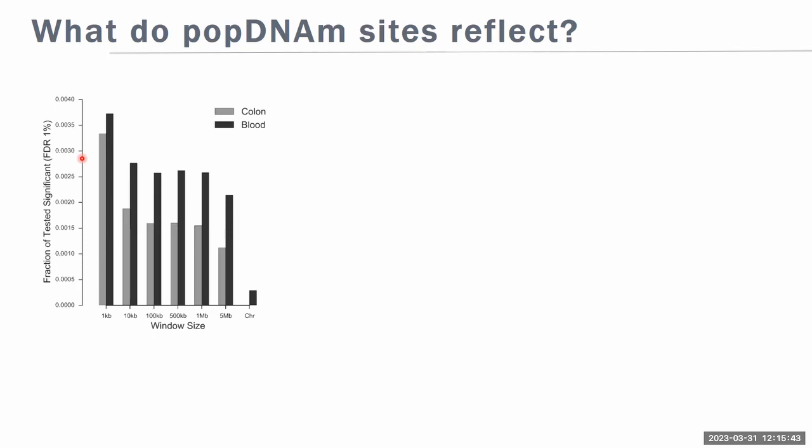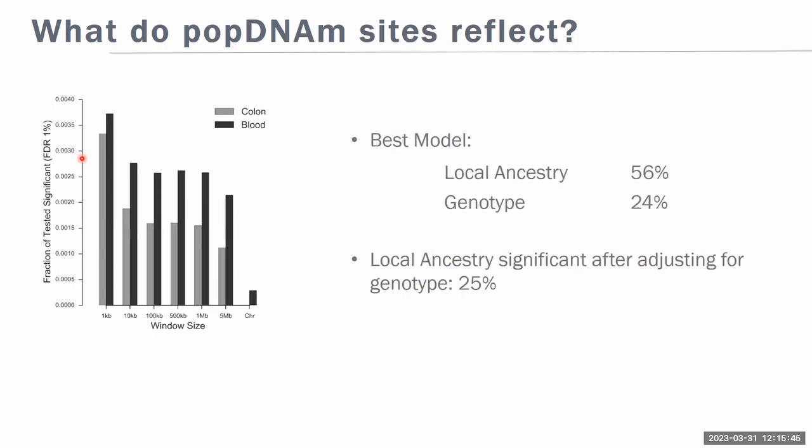And this is confirmed when we bring the real genotypes in and compare models of DNA methylation based on either the local ancestry or the observed genotypes, which to some extent capture some ancestral information, because even in observed genotypes there will be allele frequency differences, but they might not tag unobserved genetic differences between the populations.